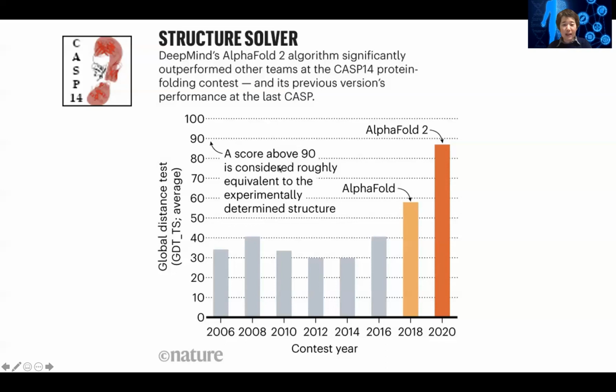Actually, a score above 90 is considered roughly equivalent to the experimentally determined structure, and a lot of people in the field consider the protein structure prediction problem for a single protein a solved problem with AI, which is really fantastic.